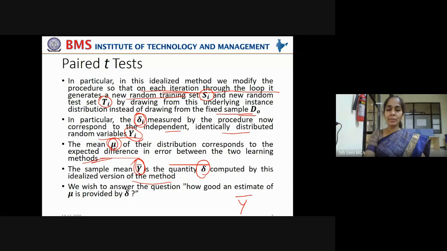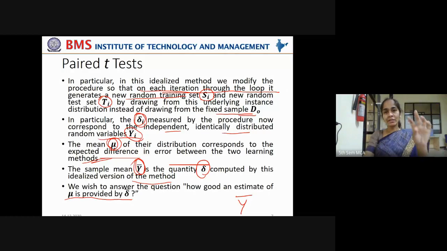So the sample mean y bar is the quantity delta bar computed by this idealized version of the method. Now we wish to answer the question: how good an estimate of mu is provided by delta bar?